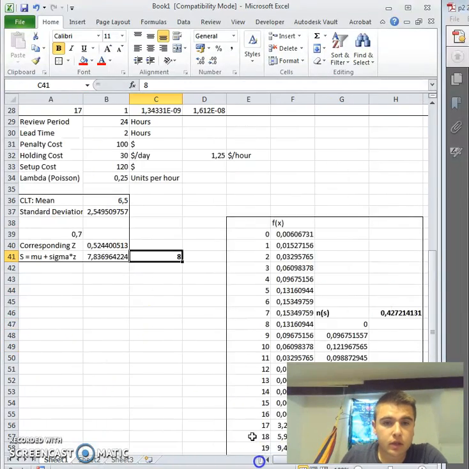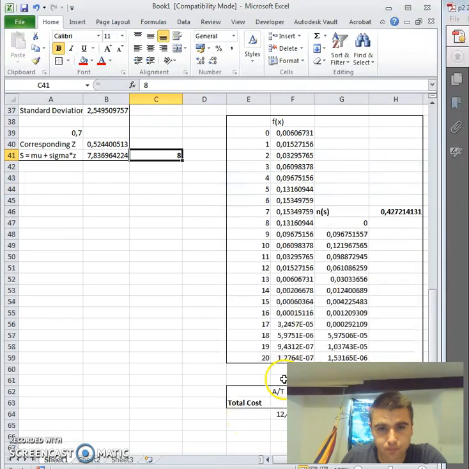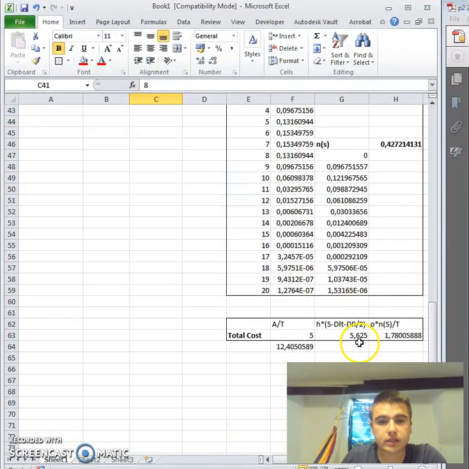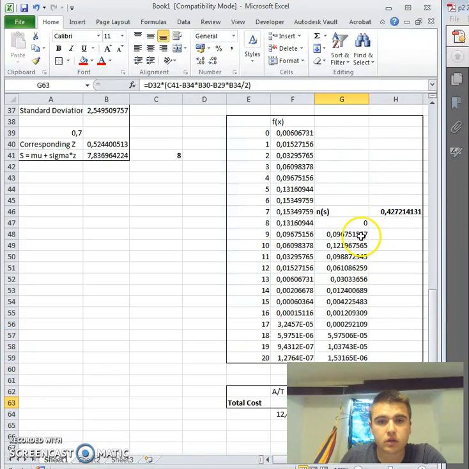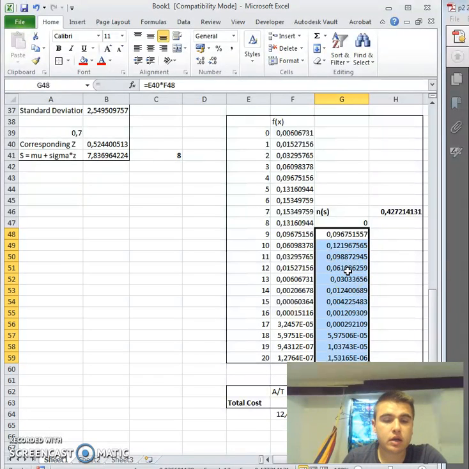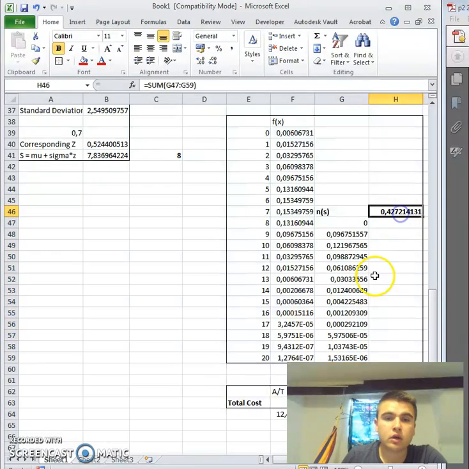And then we can immediately go to the costs. Just like last time, we have to find again the NS, and it's basically done the same way. So for every S that's higher than 8, we find how big the chance is that there will be that many missing products. We take the sum and we get 0.427.